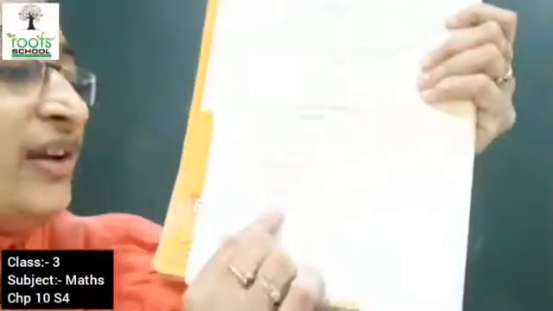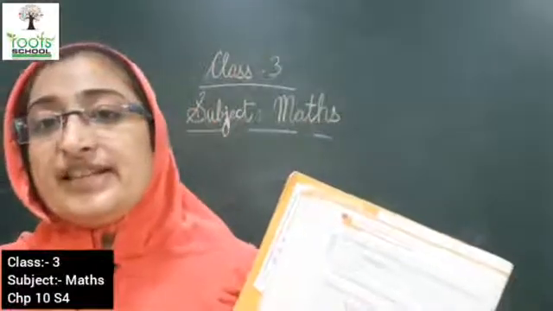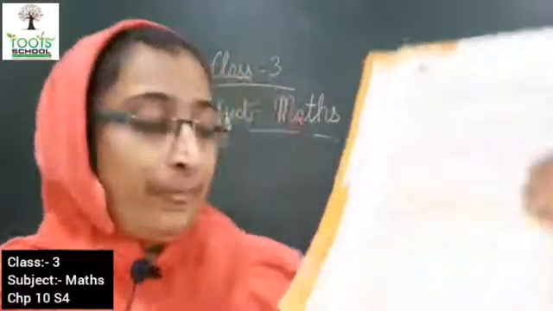Inverse, very good. 0 divided by 4 is equal to 0, because 0 divided by any number is 0. Okay. 7 divided by 1 is equal to the number itself. When a number is divided by 1, its answer is always the number itself.